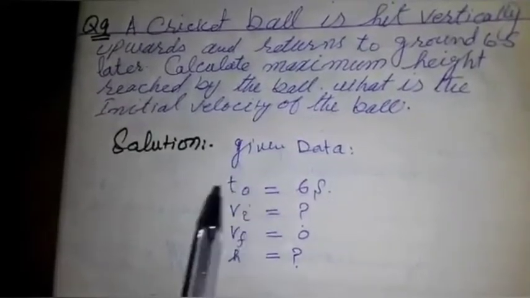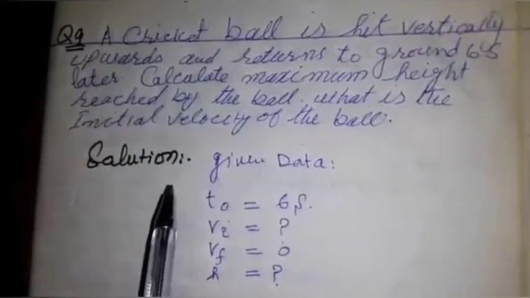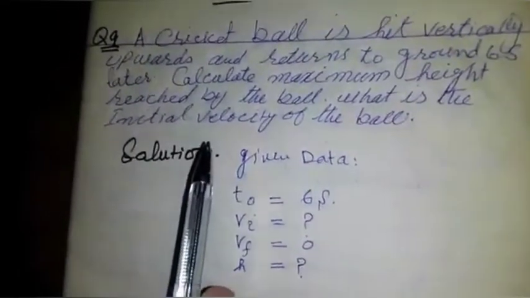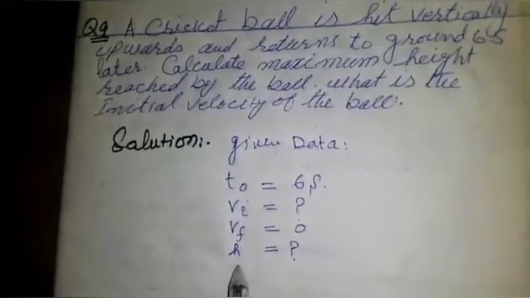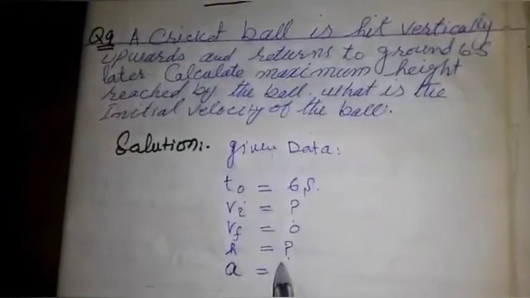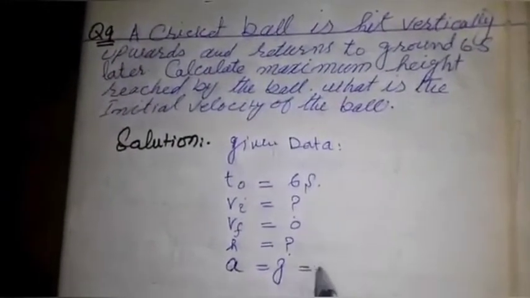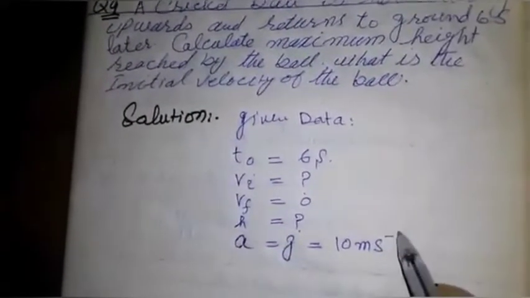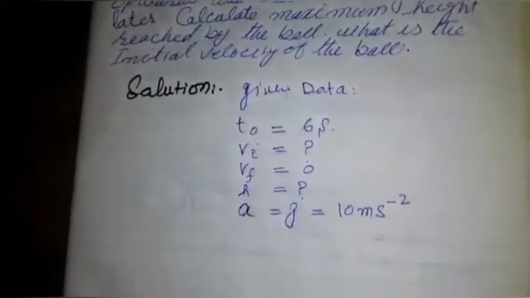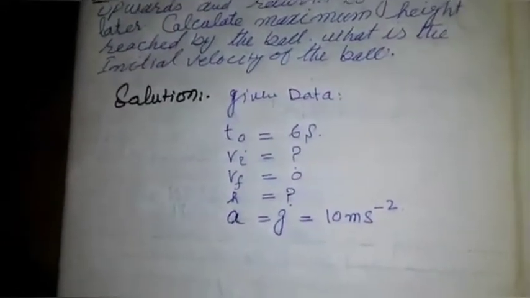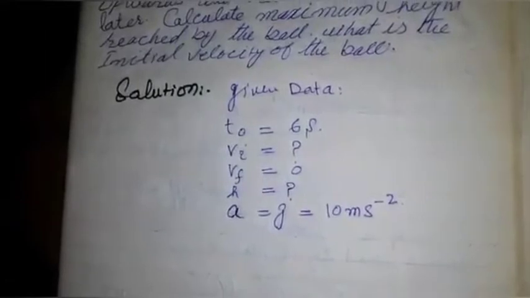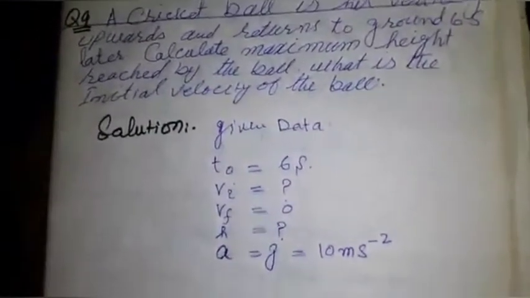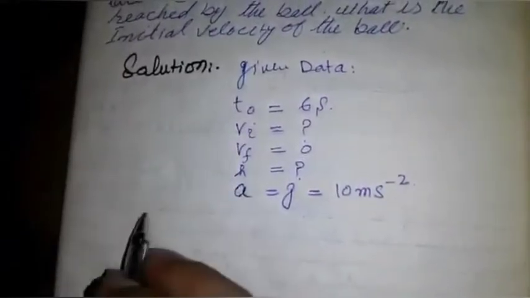When a body is hit upward or downward, it moves with the acceleration under gravity, which is equal to a equal to g, which is equal to 10 meter per second per second. Now we have to calculate two things here. One is the maximum height and the other is initial velocity.